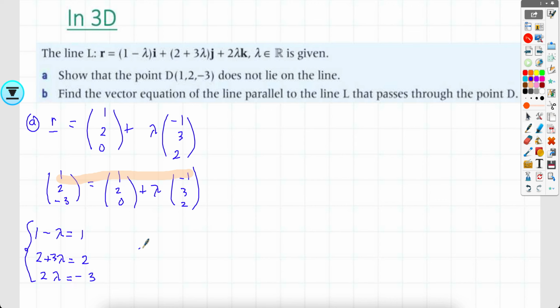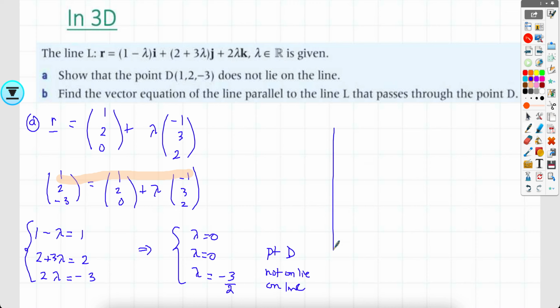Well, if I solve this, for the first one, I'll end up with lambda equals to 0. Second one, I'll end up with lambda equals to 0. But the third one, I'll end up with lambda equals to -3/2, which is a contradiction. So point D does not lie on the line. If they were all 0, then it would have lied on the line.